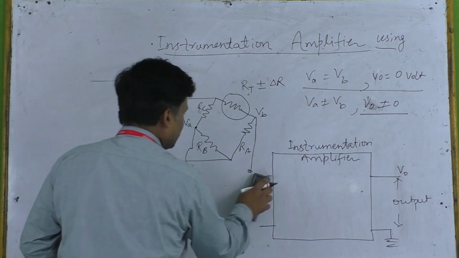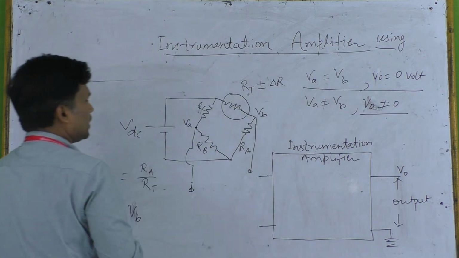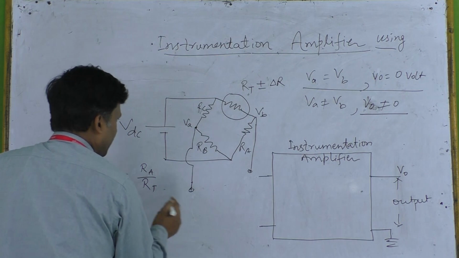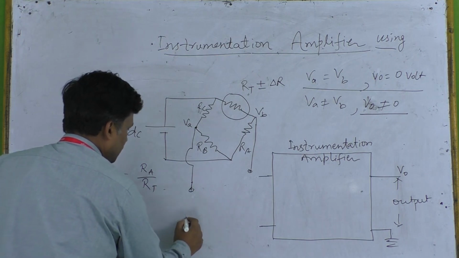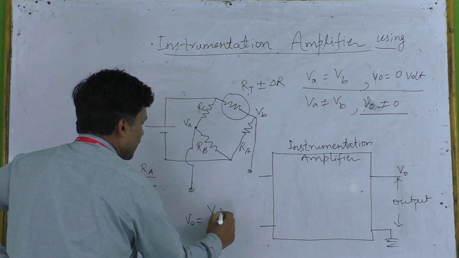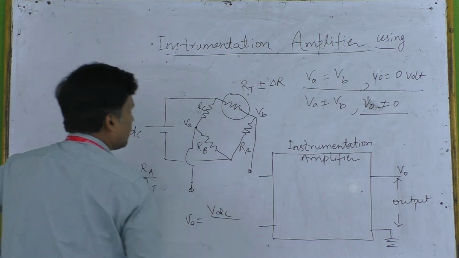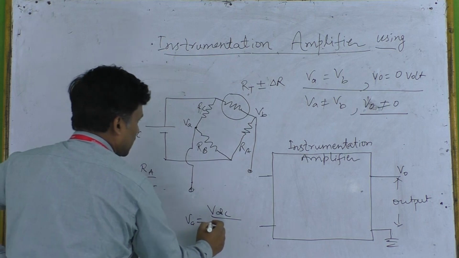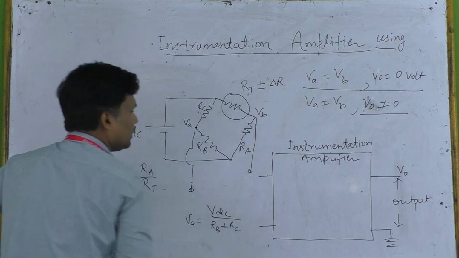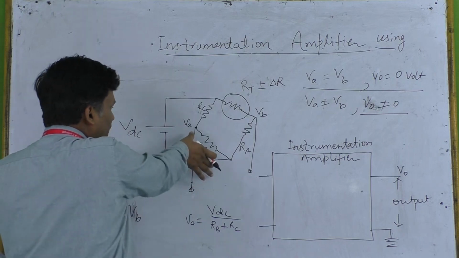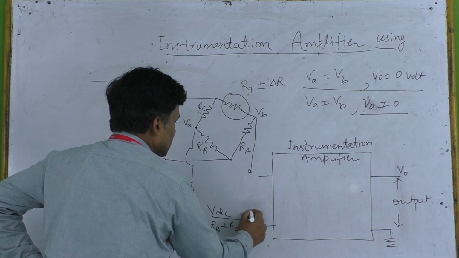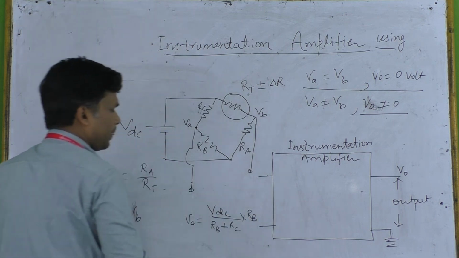So the value of VA will be equal to VDC, the total voltage applied, divided by the total resistance RB plus RC, and multiplied by the resistance across which you need to find the voltage, that is RB.